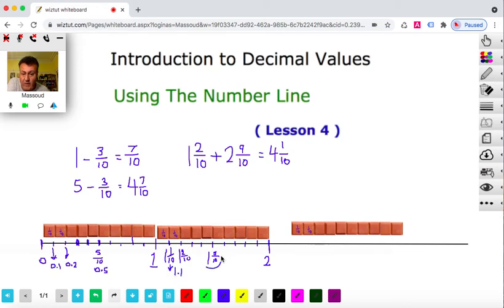So 1 and 5/10, you can show them that can be written as 1.5, and get them to practice these, not just reading it, but also writing it, and counting in fractions, counting in decimals, back and forth on here, so they can see the relationship and the association that the two ideas, fractions and decimals, can have together.